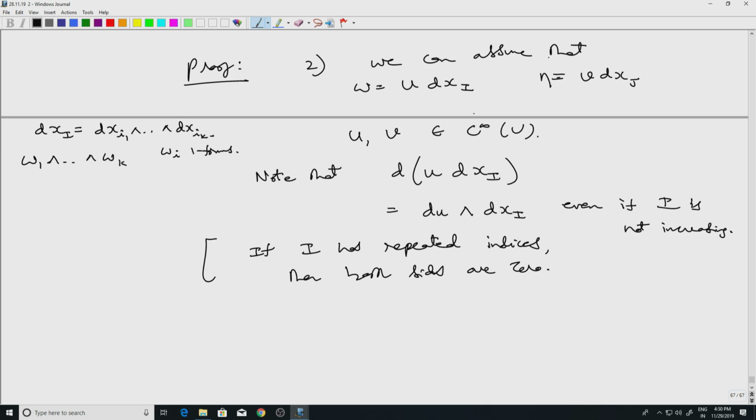The claim is that this expression is 0 if omega_i equals omega_j for some i not equal to j between 1 and k.